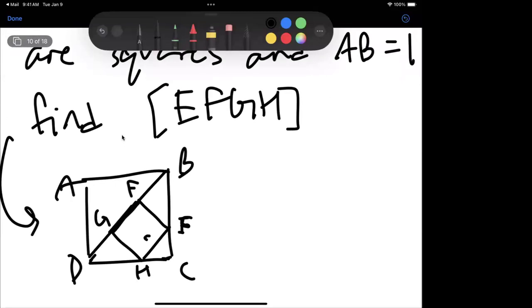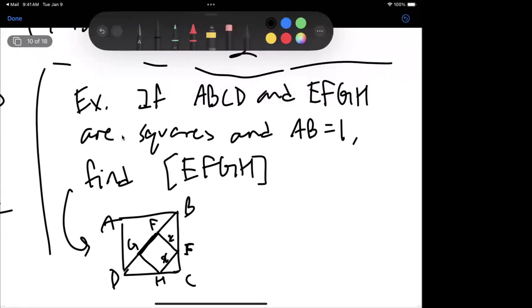A hint is I would set this equal to X and then try to solve an equation for X. Usually try to find two ways to represent one thing and set them equal to each other.